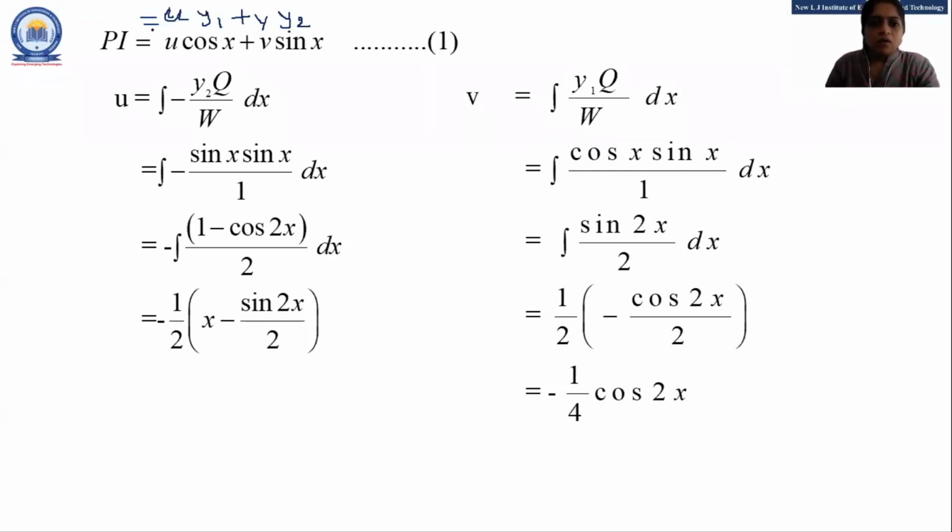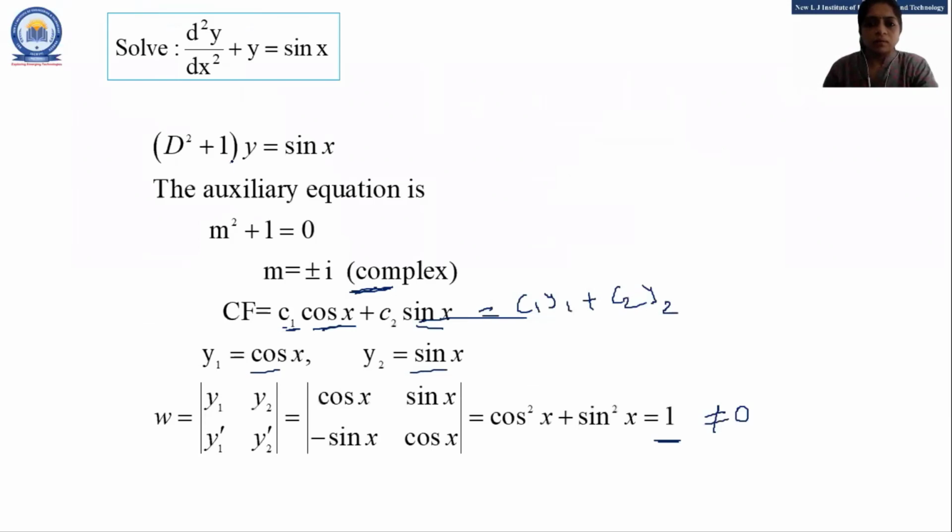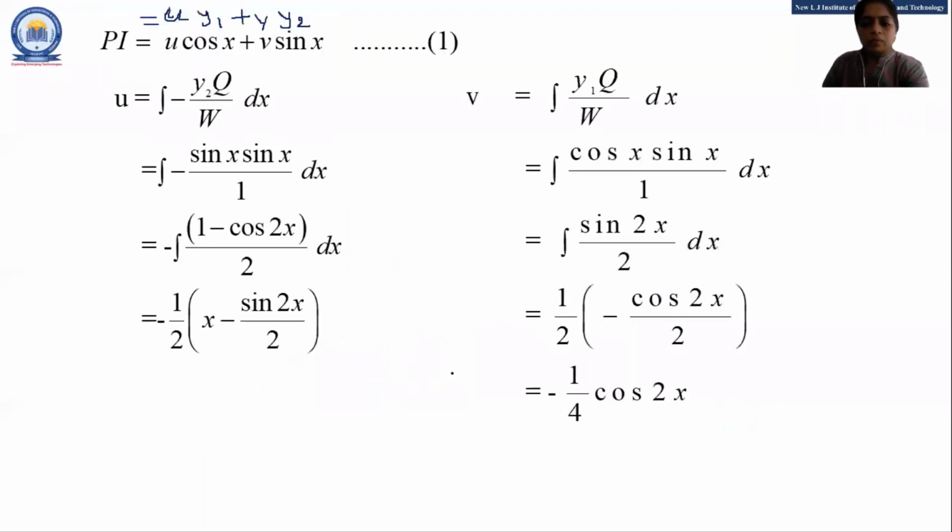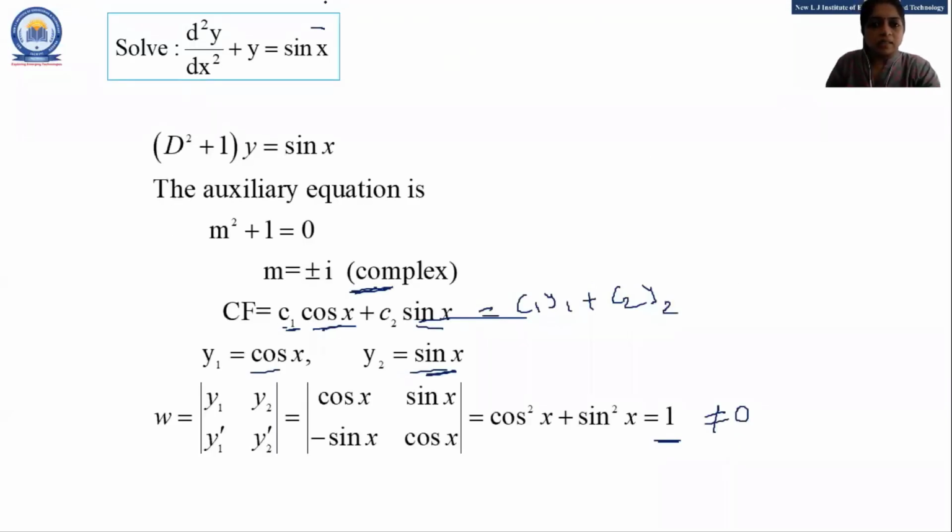The formula of u is what? First, I'm going to solve u. Integration of minus y2 q upon this Wronskian. Now, what is y2? See, from this, y2 is what, students? y2 is sin x, right? So this y2 is sin x. Now, what about q? What is q? q is the right hand side of our given differential equation, right?